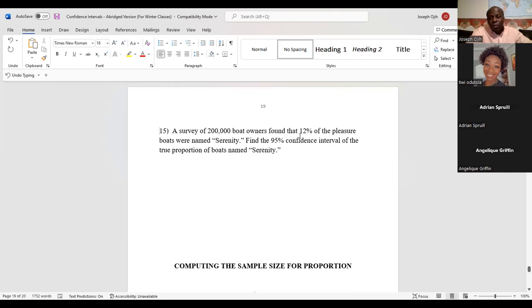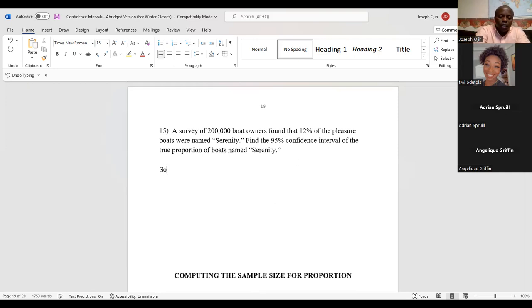Again, this is confidence interval for proportion. So we'll list the items they give us and use them to find the answer that they want. The sample proportion is P hat.